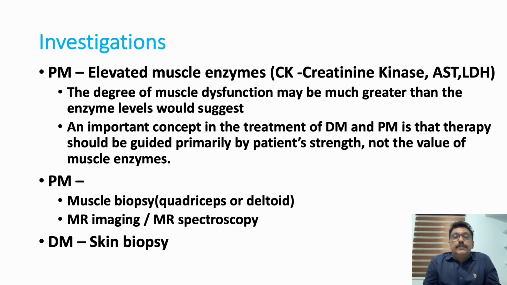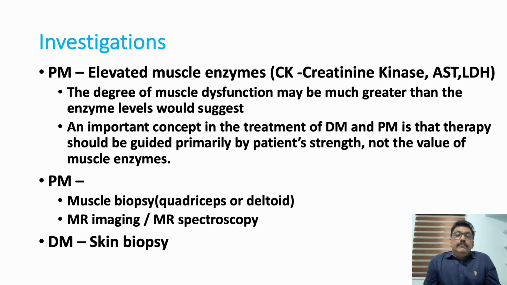If you see leptospirosis, it may elevate in thousands, like 1,000, 2,000, 3,000, up to 10,000 you can see in many patients. But in polymyositis you can see 50,000, 60,000, 70,000, that is the range. So very high levels of CK are classically seen in polymyositis.